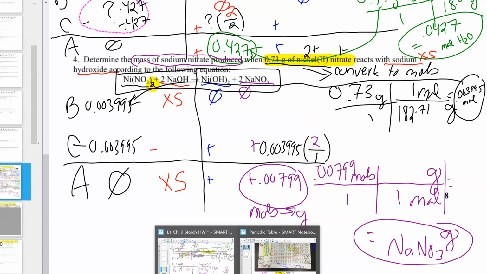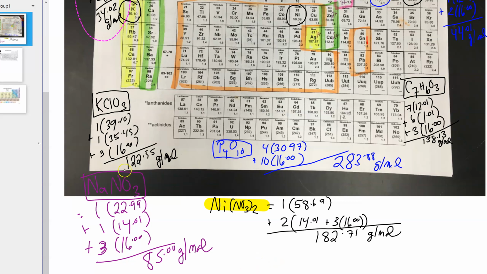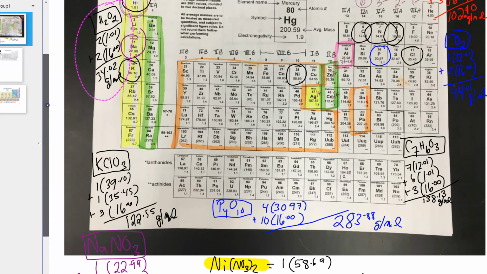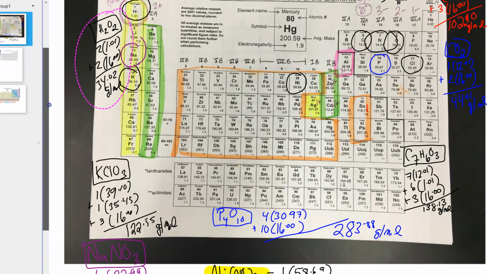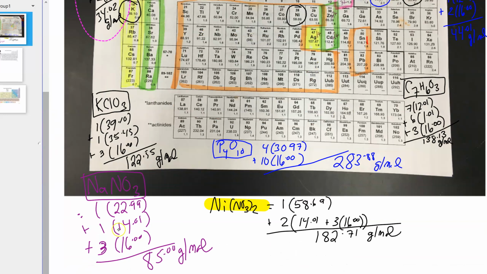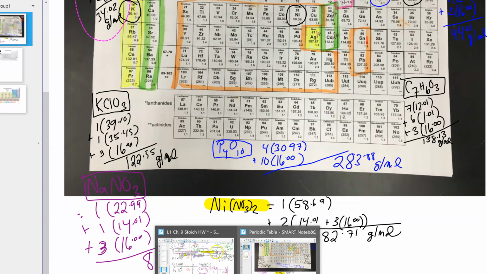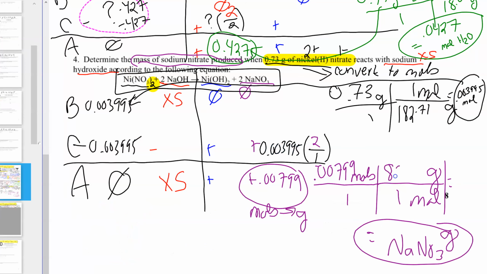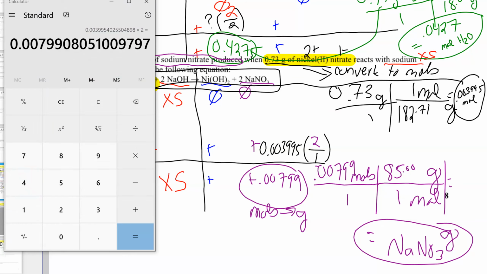Let's go back to our handy dandy periodic table of science, and oh look, sodium nitrate's already there too. 1 times sodium's mass, which you can find up there is 22.99, plus 1 times nitrogen's mass, plus 3 times oxygen, gives us 85 exactly grams per mole. So this is going to be 85.00 grams per mole.